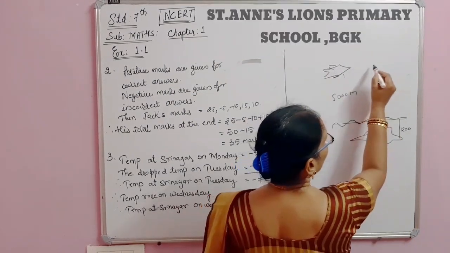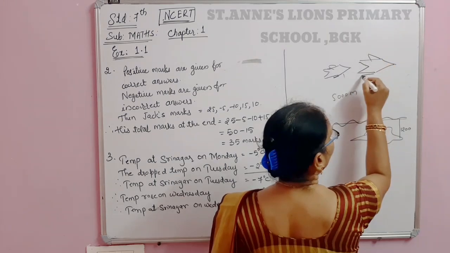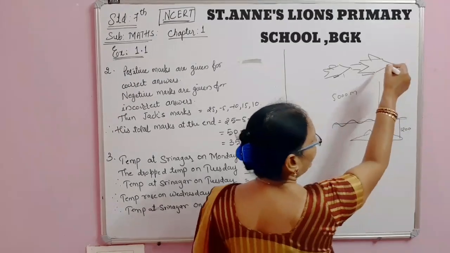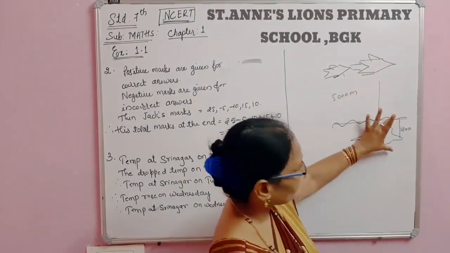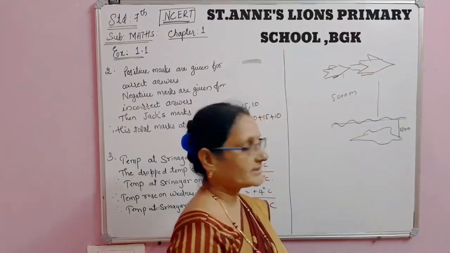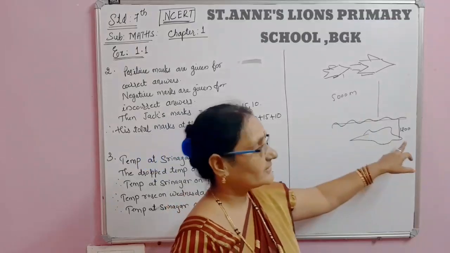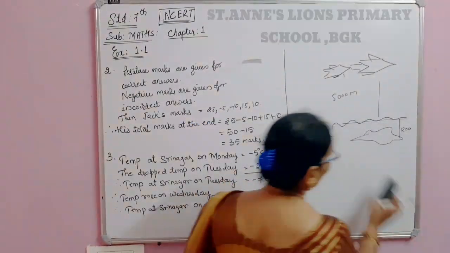Then when the plane comes here, what is the distance between the submarine and the plane? They are asking. We just have to add this. This is 5000, this is 1200. Both together it is 6200 meters. This is the rough explanation.